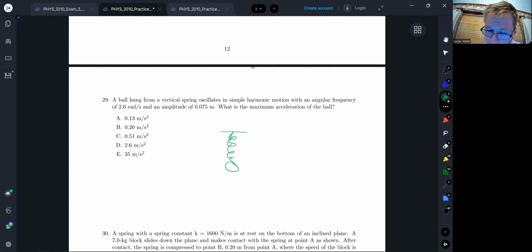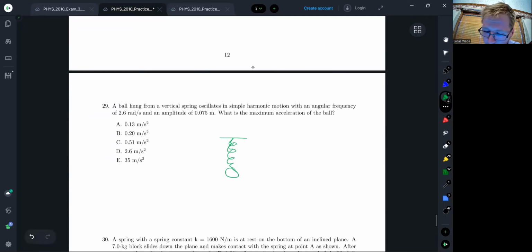How would we draw our free body diagram for that ball when this spring is just hanging there? So the ball's hanging at the end, it's not oscillating. It's just pulled the spring down a little bit, stretched it out a little bit as a result of the ball's weight. And then it reaches an equilibrium state where they're both just sitting there at rest. What does the free body diagram for that look like?